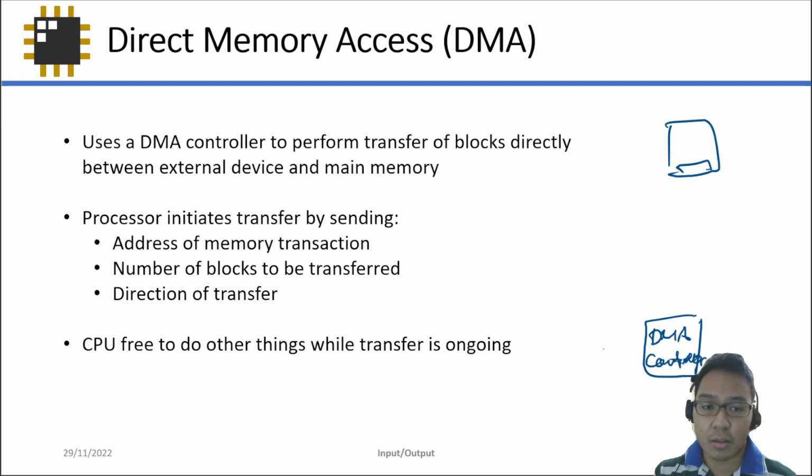So this is not the processor anymore. The DMA controller is initialized by the processor. So the processor tells the DMA controller, okay, I want you to facilitate a transfer of information from the SD card to the main memory.